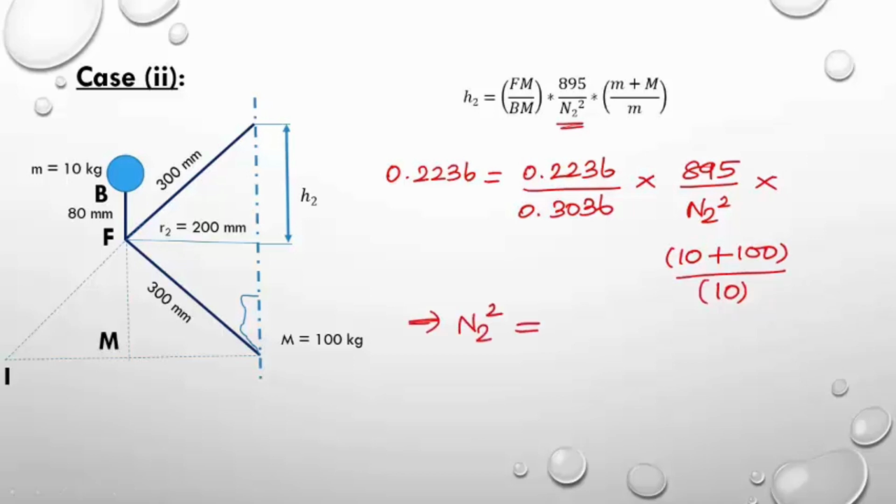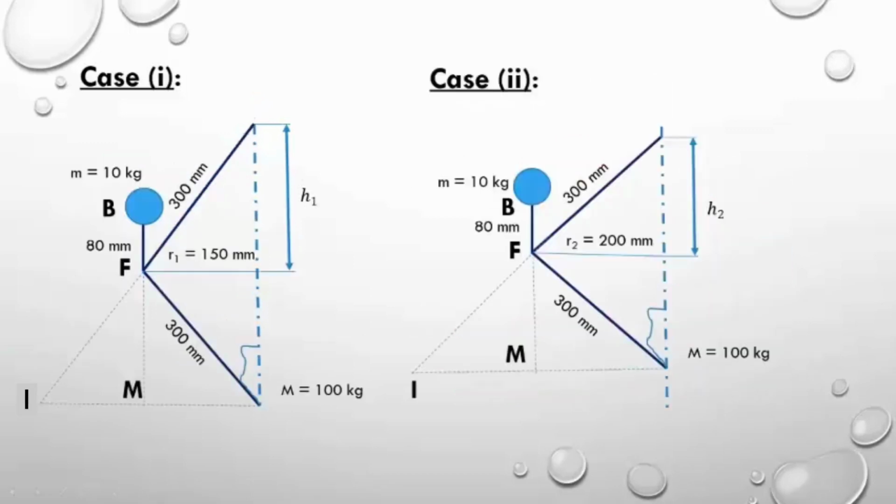So here N2 square will be obtained as 32,427.5362. So N2 value will be 180.07 rpm.